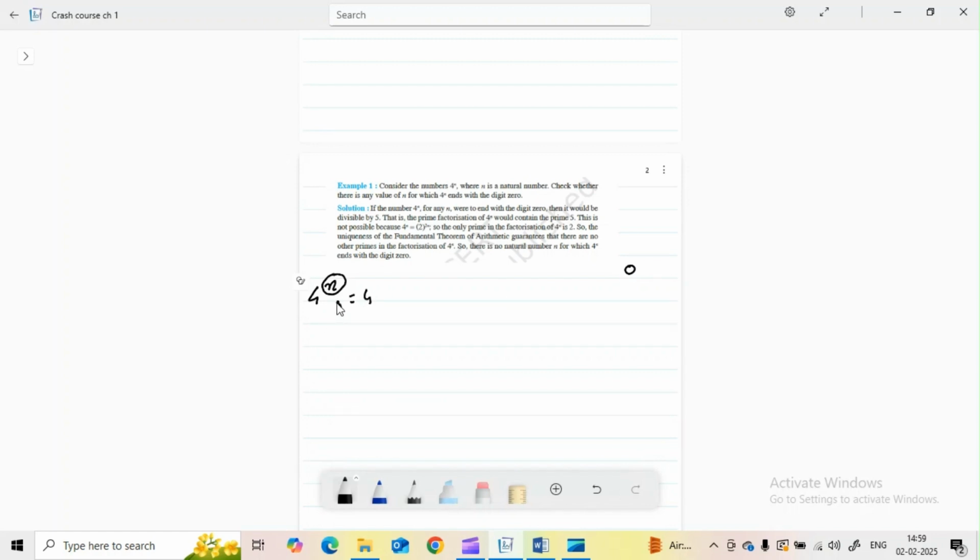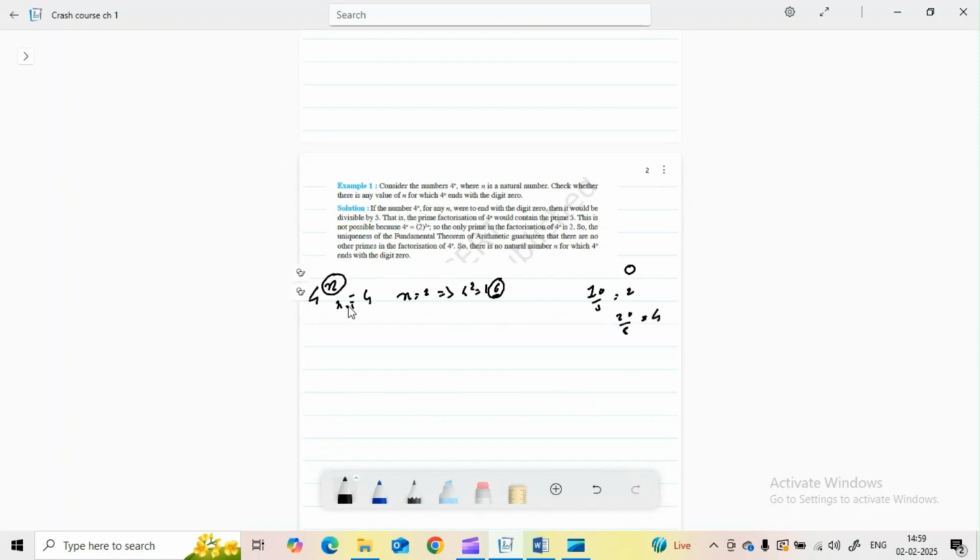When n is equal to 2, it's 4 squared, which is equal to 16. So do I have any value of n which will give me the unit digit as 0? If we have the unit digit as 0, then it has to be divisible by 5, right? If I write 10, it has to be divisible by 5. If I write 20, it has to be divisible by 5.